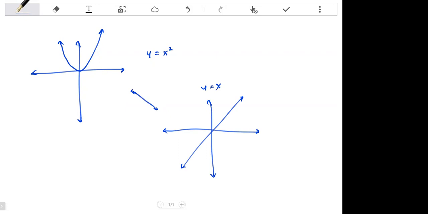What's the most striking difference to you? They look different, but what else? One goes positive on both sides and the other goes both ways. Right, the end behavior. This one goes positive and positive, but this one goes negative and positive. What else? The x squared and the x, right?